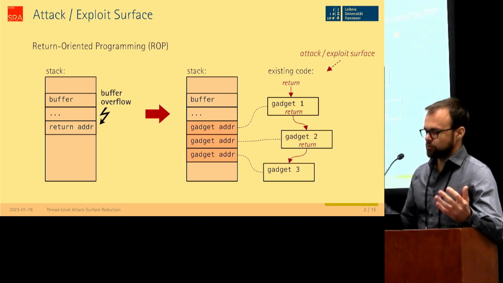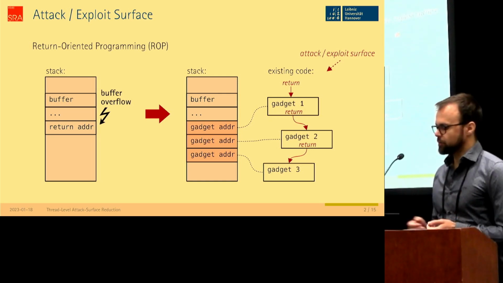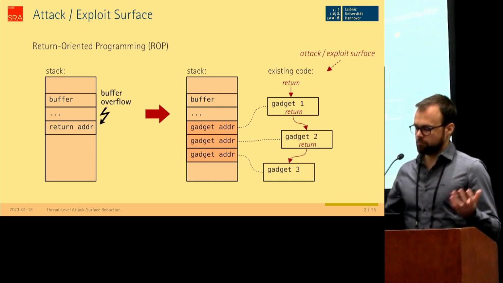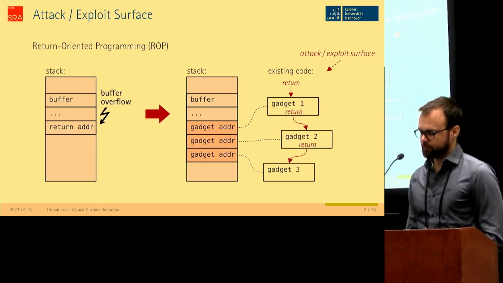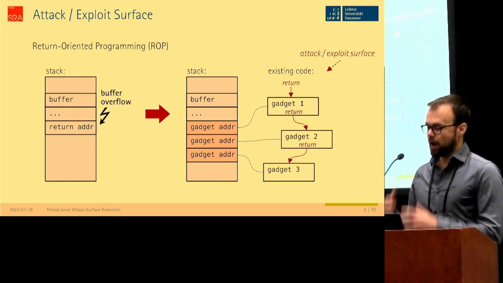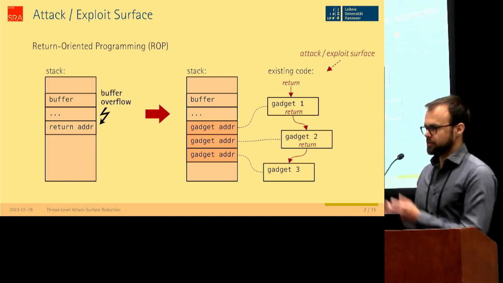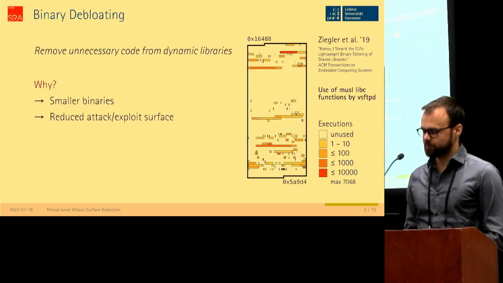Basically, the attacker recombines parts of the available code to execute their desired malicious action. So all the available executable code is the attack surface in this case.